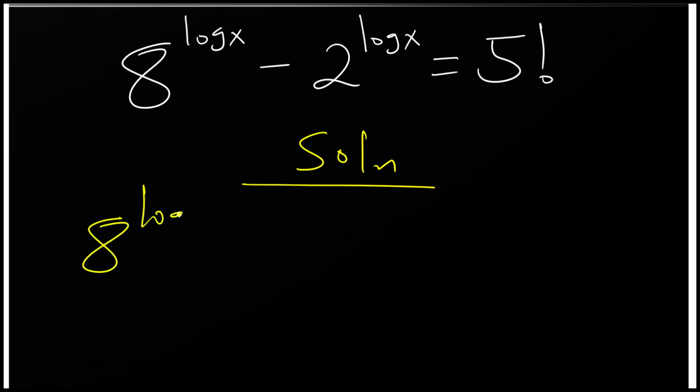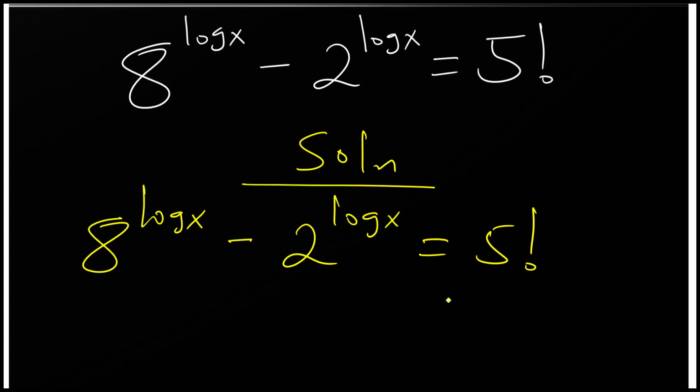8 raised to log x minus 2 raised to log x equals 5 factorial. So 5 factorial is the same as 5 times 4 times 3 times 2 times 1.